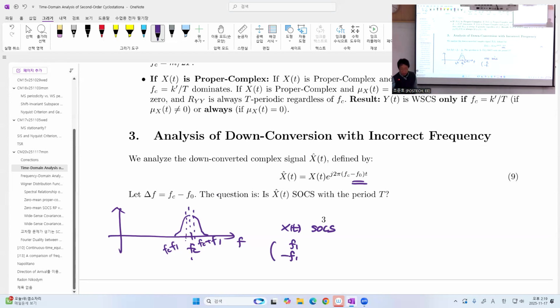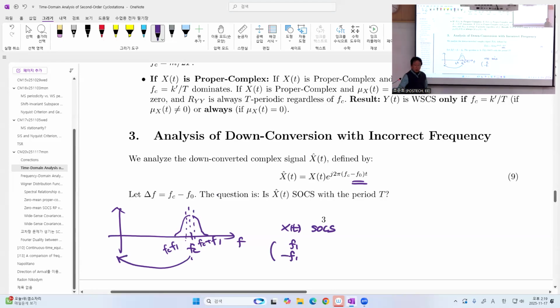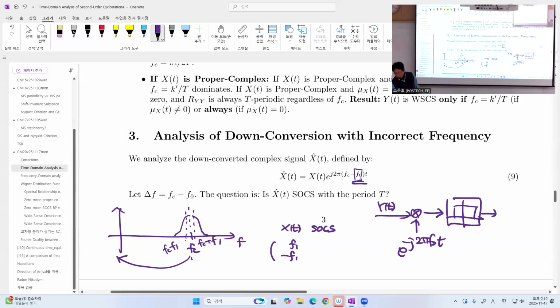Now, before, we down converted by using fc as the local oscillator frequency. Now suppose we have some mismatch. That means here you have y of t, and here you down convert it, and you take the low pass filter to have x hat.